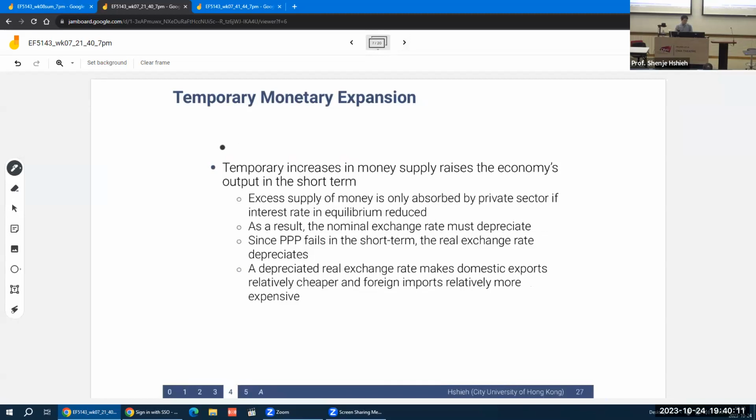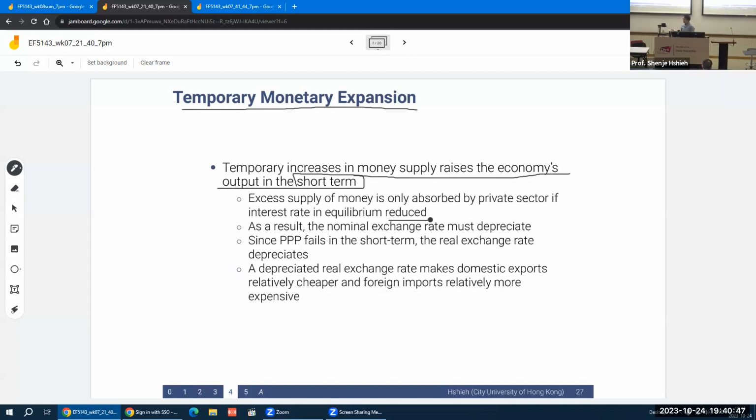All right, let me give you a preview of what you should expect for a temporary monetary expansion. When we increase money supply, what you should observe is a temporary increase in output in the short term. The logic is the following. You have excess money, which is only absorbed by the private sector if interest rates in equilibrium are reduced. If you want people to hold more cash, you need to decrease the opportunity cost of holding that cash.